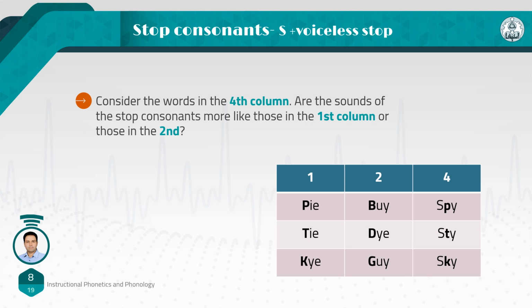Second column: buy, die, guy. And fourth column: spy, sty, and sky. Now, can you tell me if the sounds of the stop consonants are more like those in the first column or in the second column?